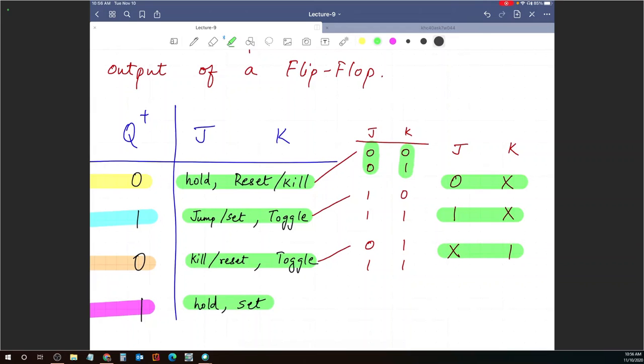Last one: I can do the same thing again, or I can simply note that 0x, 1x, x1, and the last one should of course be x0. So you can write it like that, or let's do it the right way. Hold is 0 0. Set is 1 0. So it is going to be don't care 0.